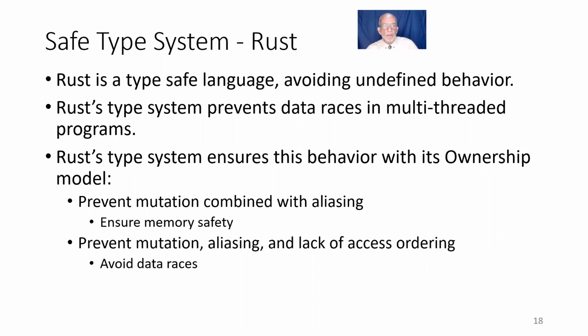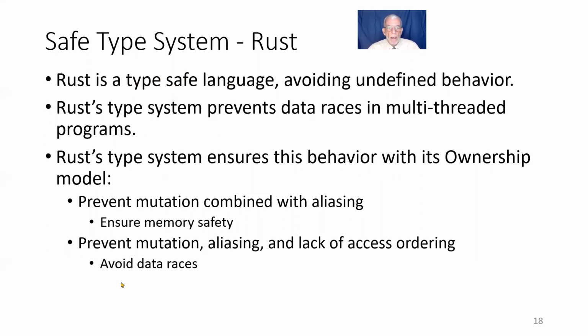We left off last time with a slide that described the safe type system for Rust. Rust is a type-safe language, avoids undefined behavior because of its language constructs. Its type system prevents not only undefined behavior in a single-threaded program, but prevents data races in multi-threaded programs, surprisingly, again, with just a single ownership model.